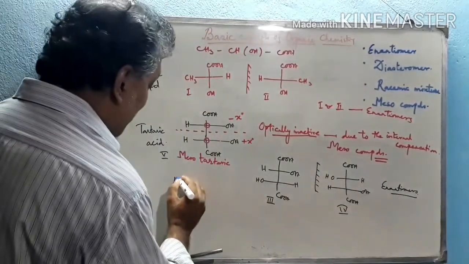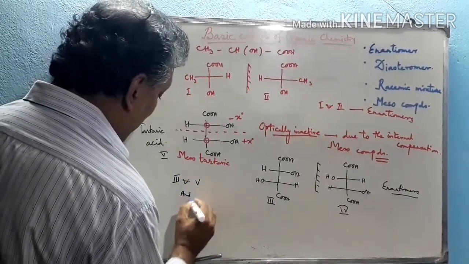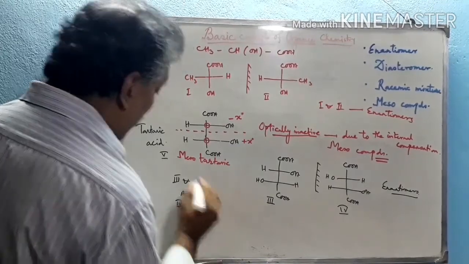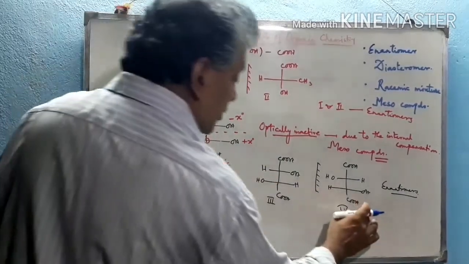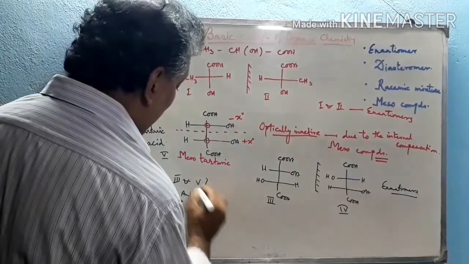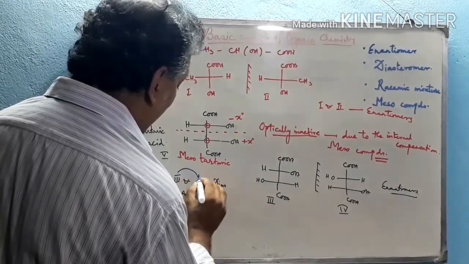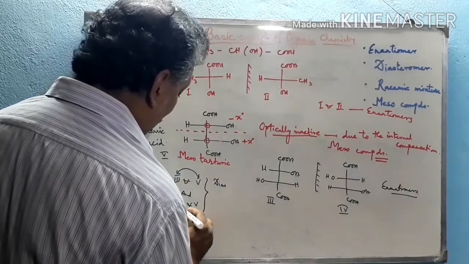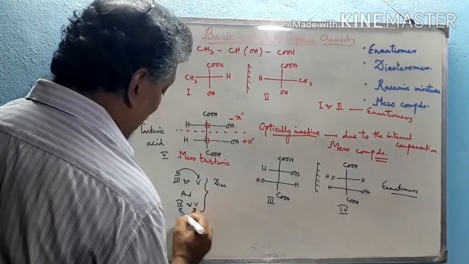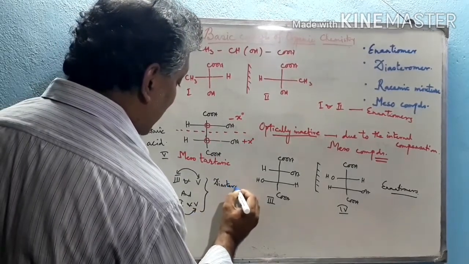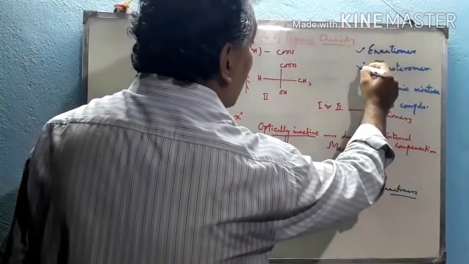Now, what is the relation between 3 and 5, and 4 and 5? One is meso, the other is suppose dextro. One is meso, the other is suppose levo. Then these two are called diastereomers of each other. That means 3 and 5 are diastereomers of each other, and 4 and 5 are also diastereomers of each other. So one is enantiomer, the other is diastereomer.